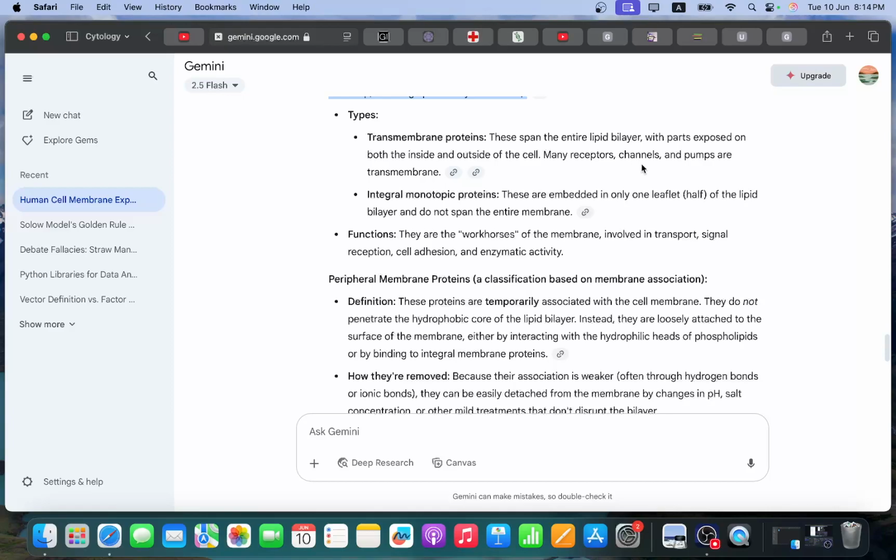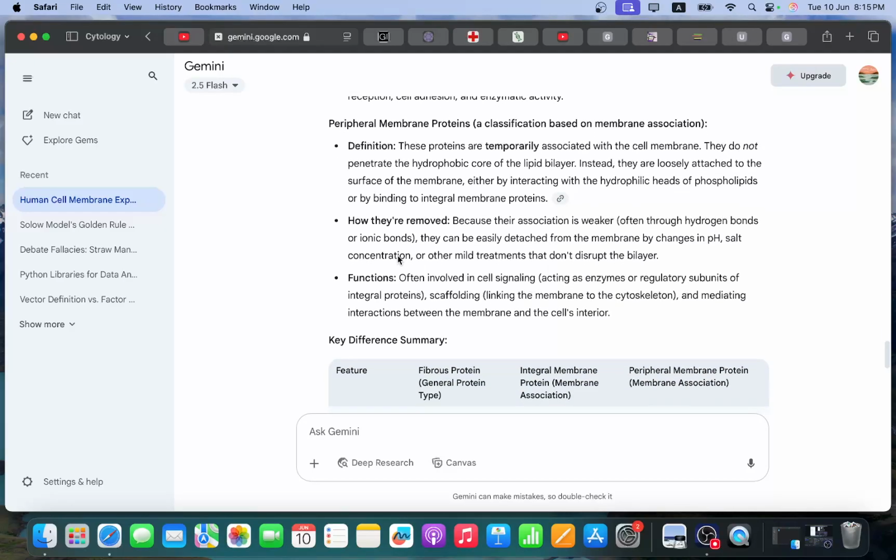Many receptors, channels, and pumps are transmembrane. Integral monotopic proteins: these are embedded in only one leaflet, half of the lipid bilayer, and do not span the entire membrane. Function: these are workhorses of the membrane, involved in transport, signal reception, cell adhesion, and enzymatic activity.